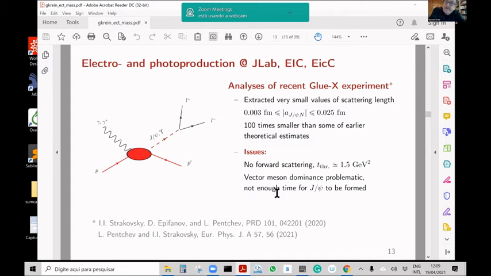You have the virtual gamma transforming into a J-psi, and then you have the rescattering. And then you use these factorization formulas just to factorize this. I don't have the expression. In the next talk I will have this expression.